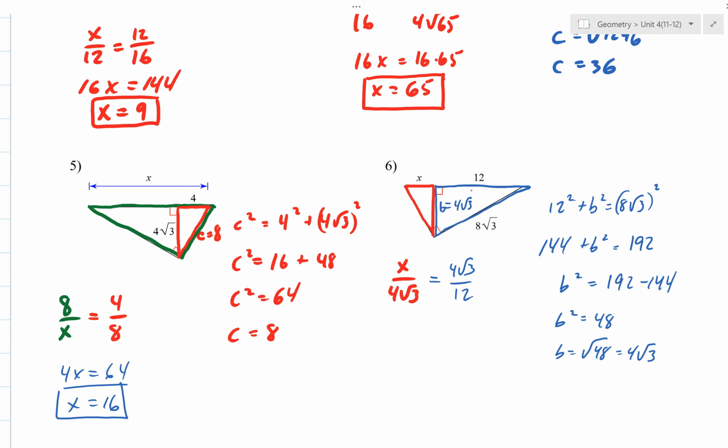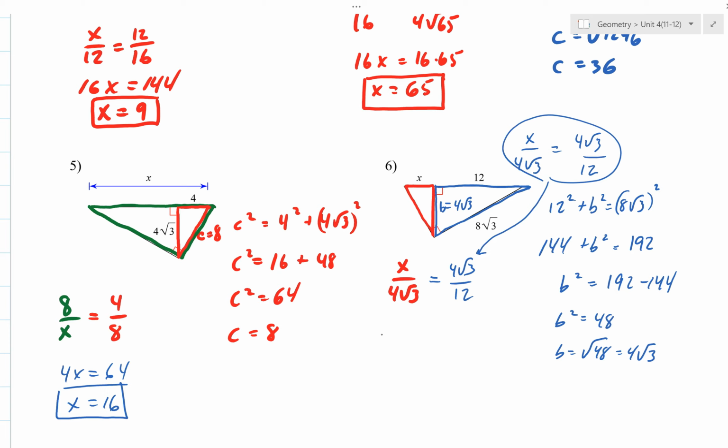Notice another way to set this up, I could say short leg red over short leg blue equals long leg red over long leg blue, and we actually get the same exact equation, even though I went about the process of going through the triangles differently.